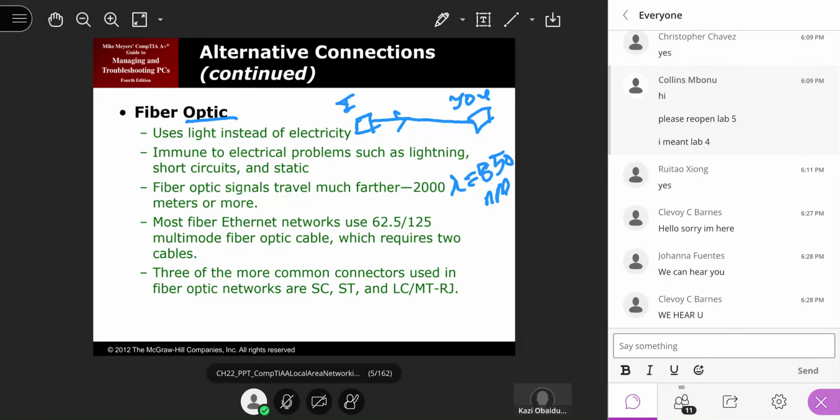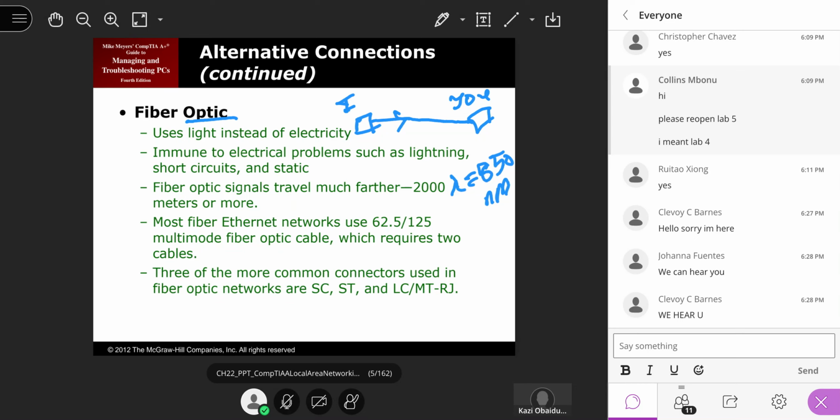Signal means that when I talk to you, my voice is converted to a light signal and passes through this glass. Why are we using glass? Because glass is a very good reflector. Reflector means there is no energy loss.